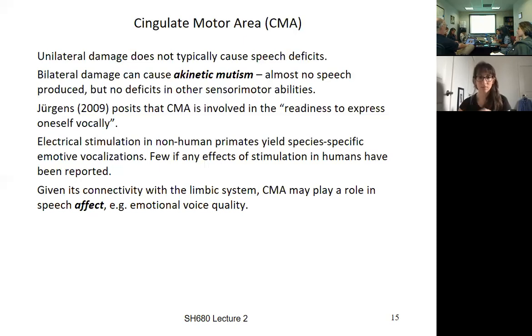So CMA may well play a role in emotional prosody or affective prosody. Is that intentional or a result? It was probably already there in monkeys, it's a way of communicating.